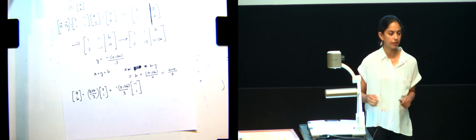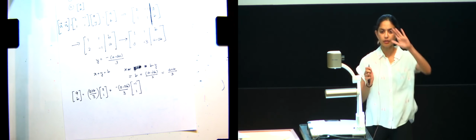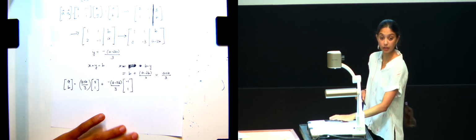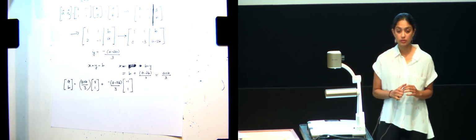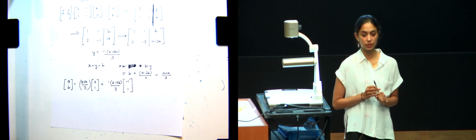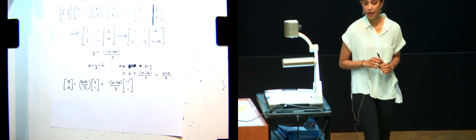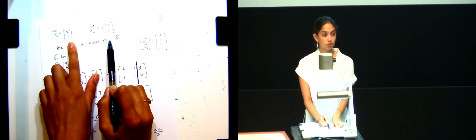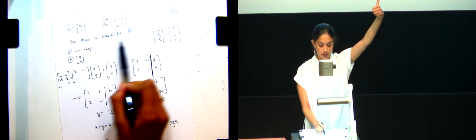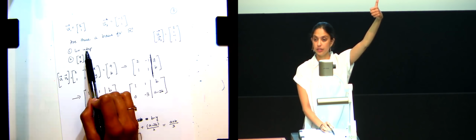I'll give you a minute to check my algebra. Everyone with me here? Yeah? So are we basically showing that the span of these two vectors is R2? Absolutely. We want to show that v1, v2 is a basis for R2. And what are our conditions for a basis? The first condition is we need to show that these guys are linearly independent.